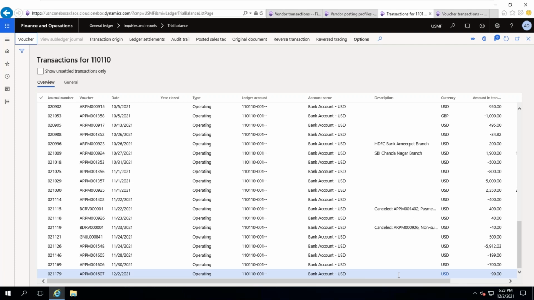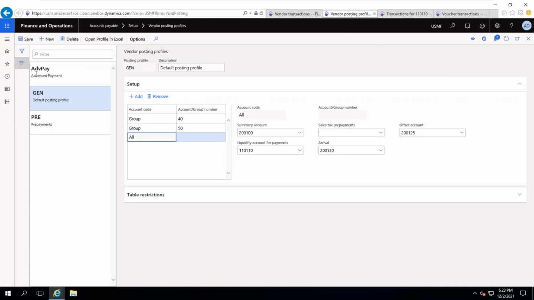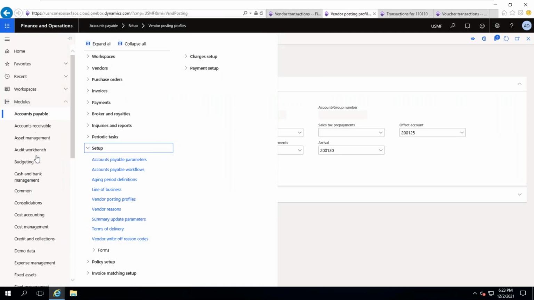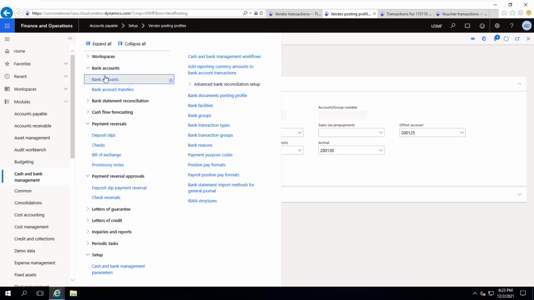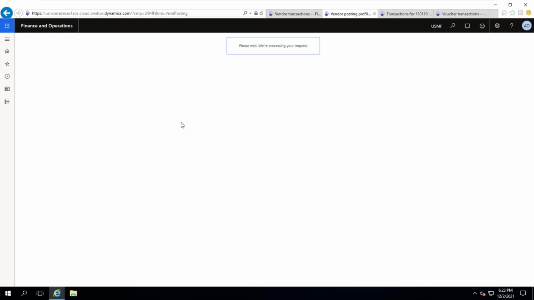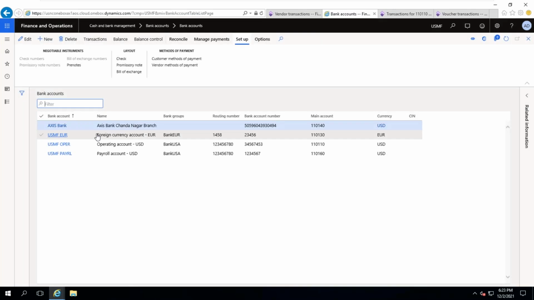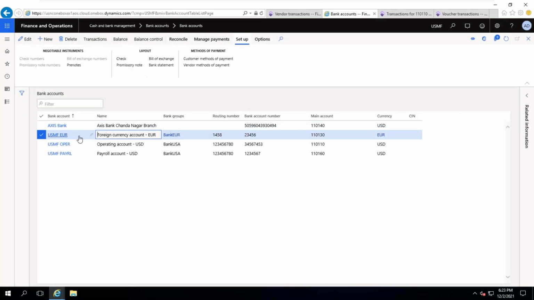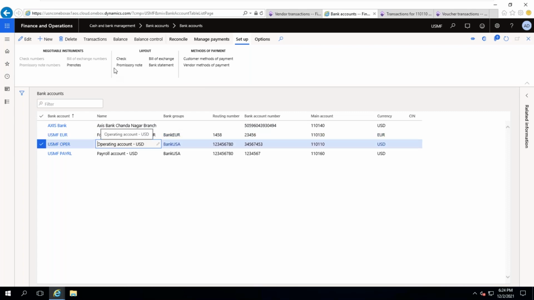So the bank summary account was posted. Now if you go to the bank also, it will be there. Cash and bank management, bank accounts, USMF operations. Then if you click on transactions, it will show you 99 transactions.